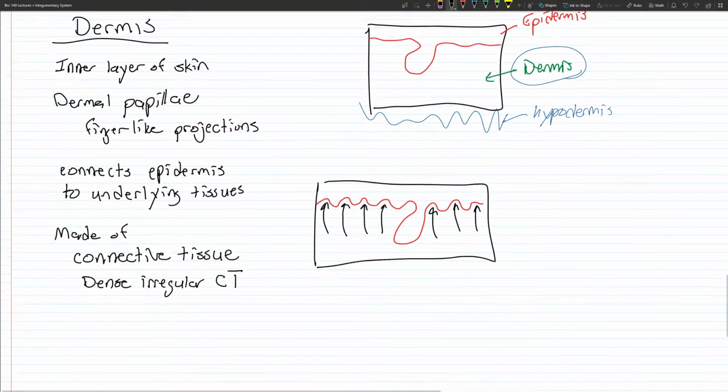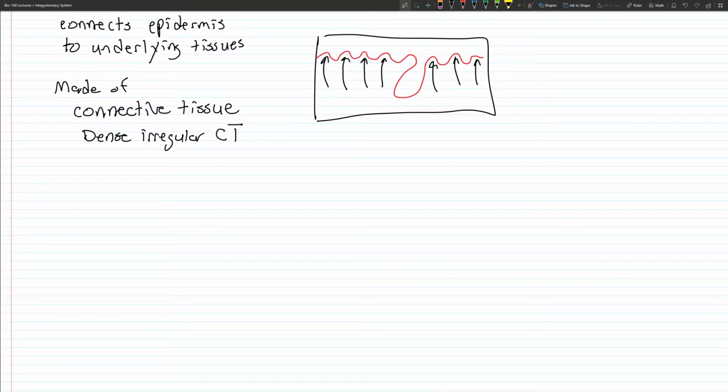Okay. Now, most of the accessory structures that we're going to talk about of the skin are actually inside of the dermis. However, they're not made by the dermis. Most accessory structures are actually made by the epidermis, but they sit inside of the dermis.